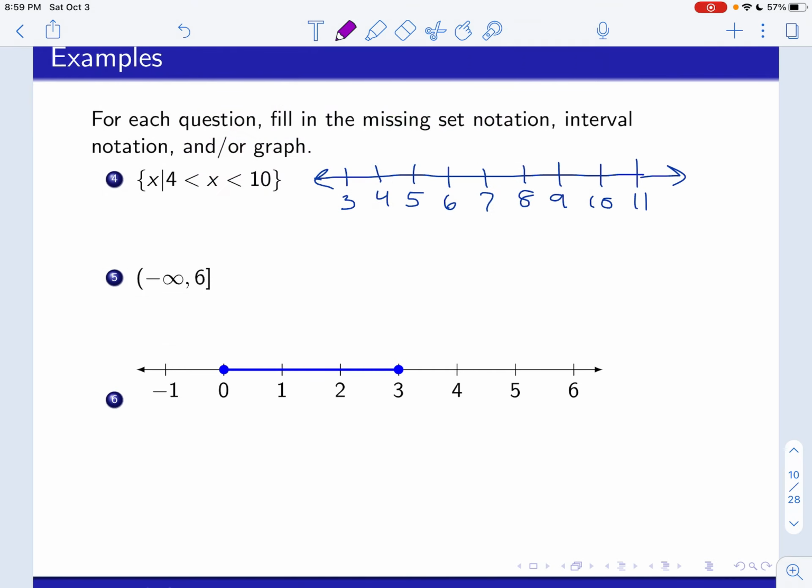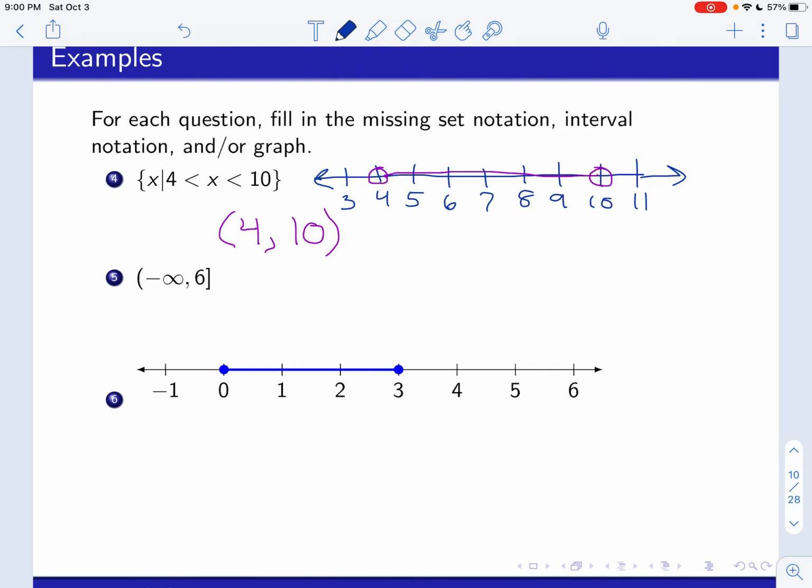These are both less than, so they're both going to be open circles. And we want the part in between. If I was going to write that as an interval, it would start at 4, and because 4 is not included, it gets a parentheses. And it ends at 10, again, parentheses.